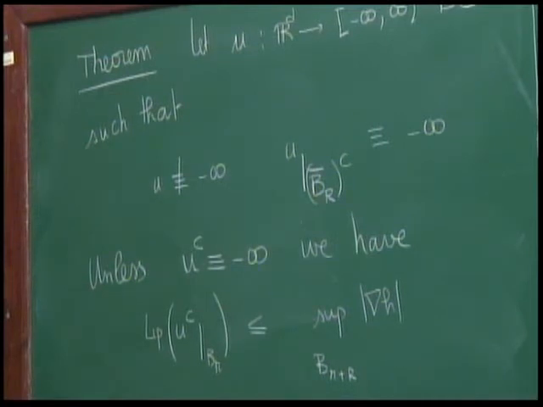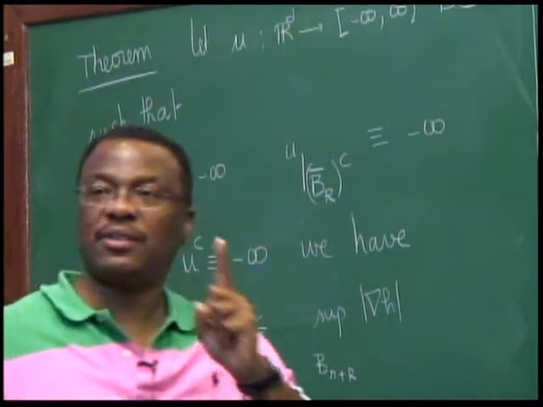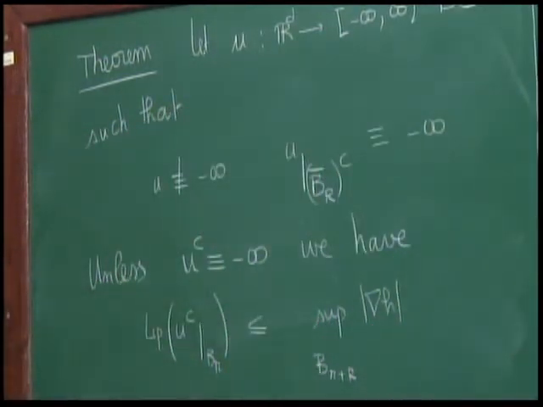Okay. So here are the two possibilities. Either u^C is identically negative infinity. But if I find one point where it is not negative infinity, then it is Lipschitz, and as a consequence, it is finite everywhere.